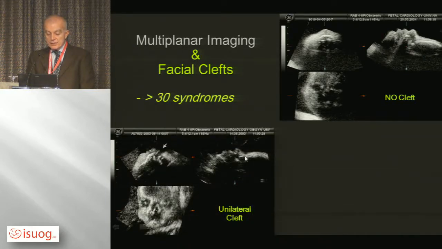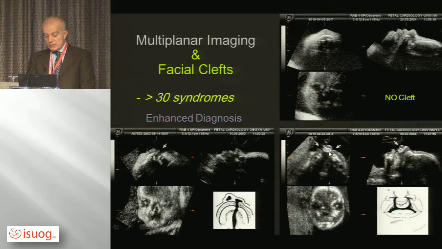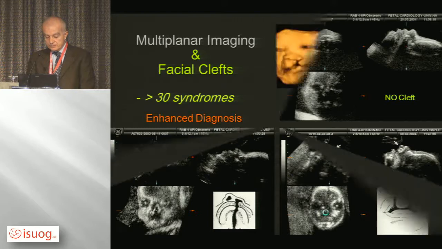So if you put your reference dot, for example, in a unilateral cleft with a straight alignment of the face on the 3 orthogonal planes, and then you put your reference dot within the clefting on the actual view, you see the coronal plane on the other panel here, and you see very nicely unilateral involvement of the palate, and the same applies with bilateral clefting here. This is the actual view. You put the dot inside, and you have the central defect of the hard palate as well.